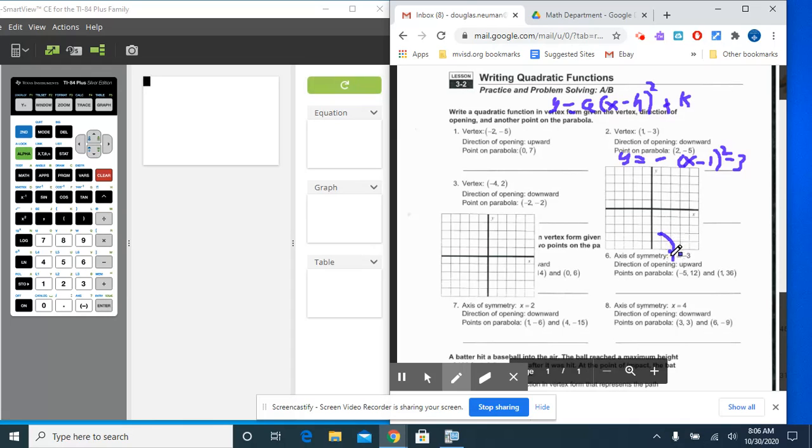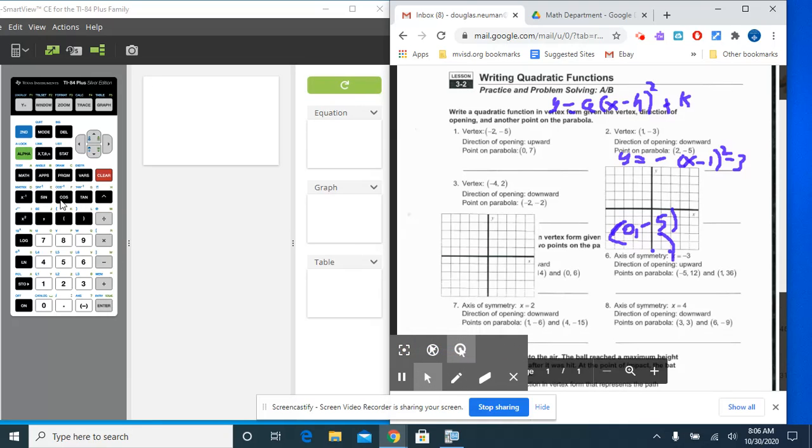So everything on the right side of the parabola is exactly the same as everything on the left side of the parabola. So if I have a point at 2, negative 5, then I must have a point exactly across from 2, negative 5 and the same distance from the center. So I must have a point at 0, negative 5. And so I'm going to use the 1, negative 3, the 2, negative 5, and the 0, negative 5 in stat edit and stat calc to find a quadratic equation.